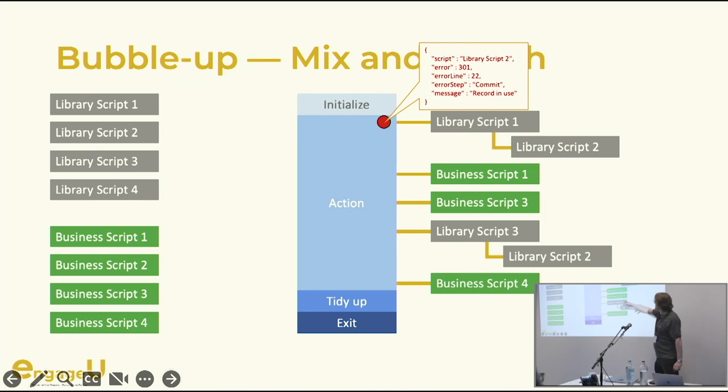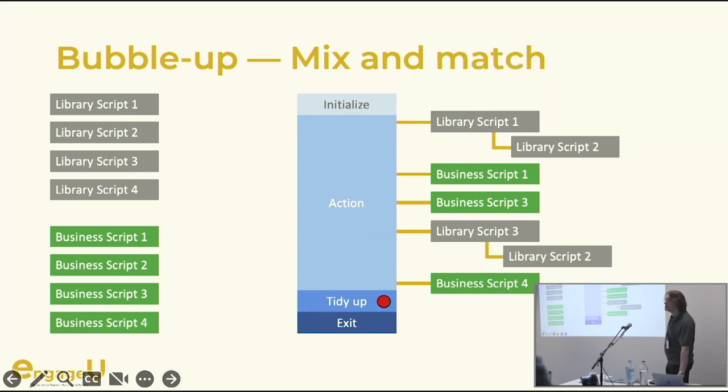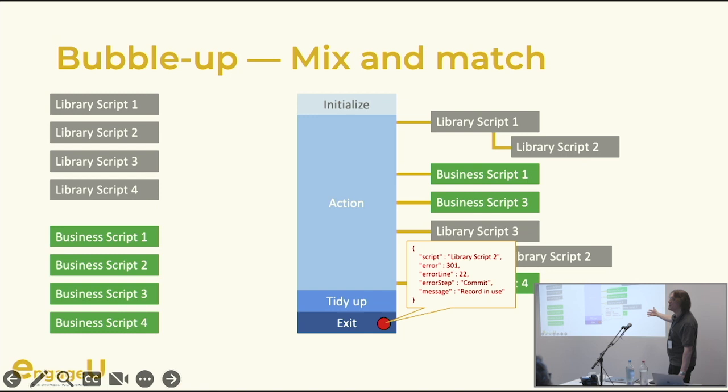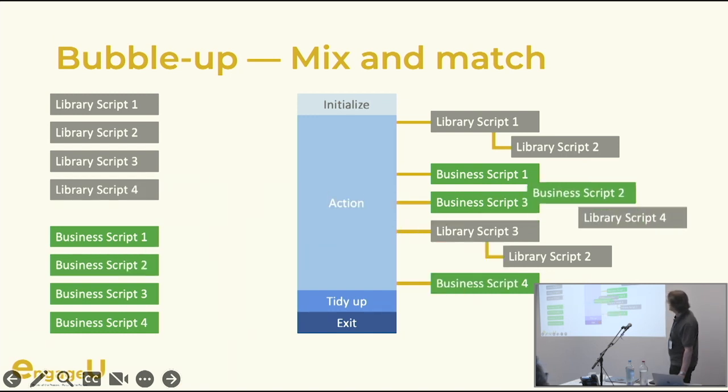It hands it back to the calling script to say, library script 2 had an error, there was a commit error, so this script then skips all the way down to its tidy up block because it exits the loop, and it exits there, and you can either present that message to the user, or log it, or return the API result, or whatever, however you're doing it.